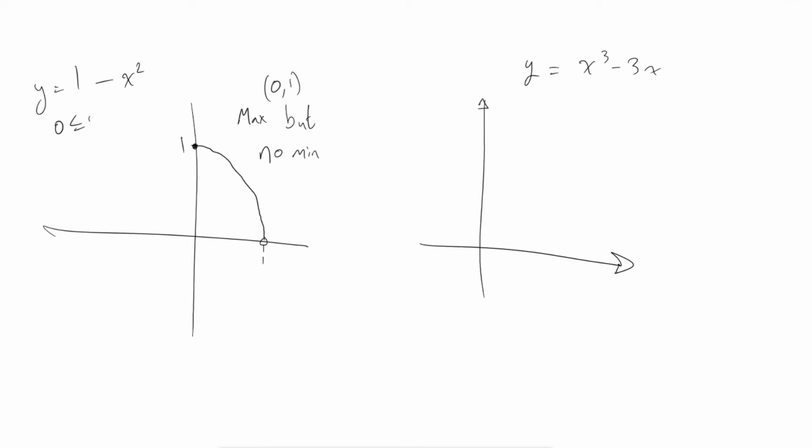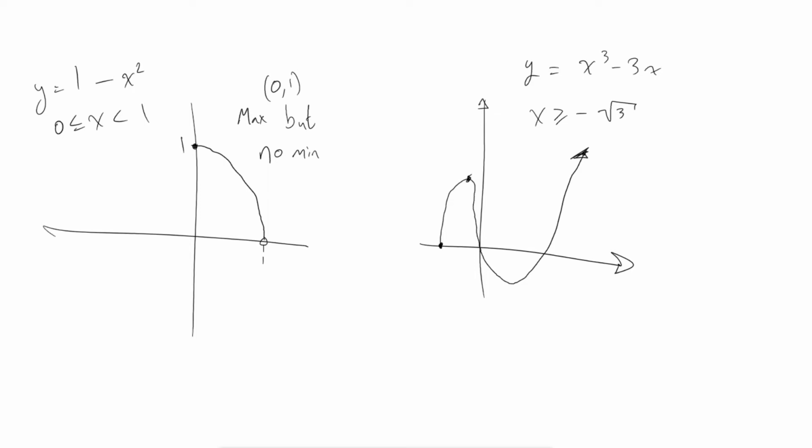So the domain is x greater than or equal to negative root 3, which seems like an arbitrary number, but that is the point where this graph actually crosses the x-axis. However, it is a cubic function, so it goes up here and then crosses at 0, 0, has a minimum, and goes up toward infinity up there.